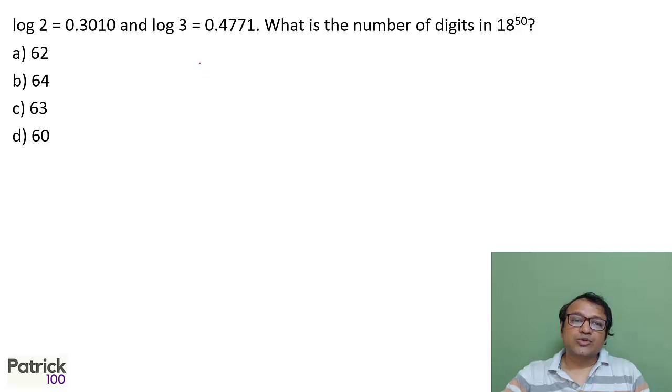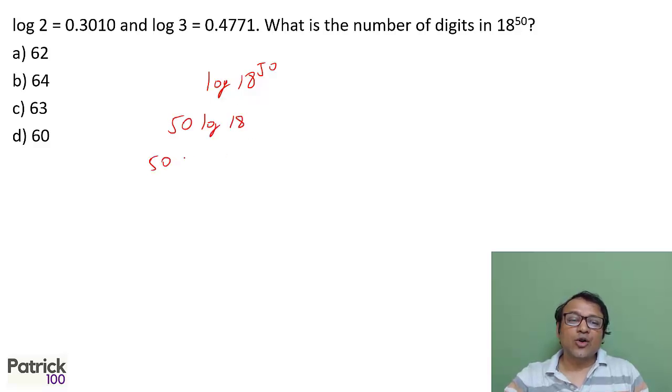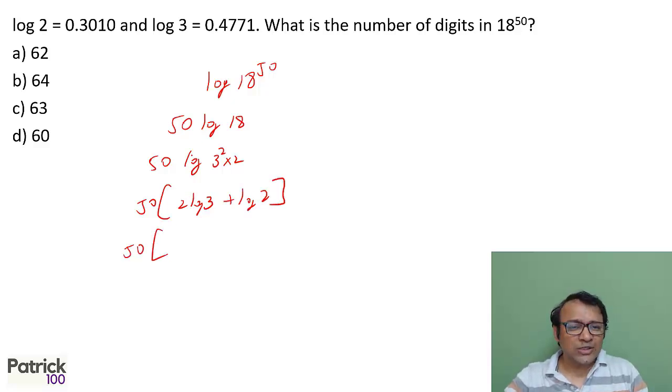Number of digits. Since they've given log, we have to find out log. Log of 18 raised to 50 is 50 log 18, and 18 is 3 square into 2, so that is 50 into 2 log 3 plus log 2. You need not write all this 50 again.